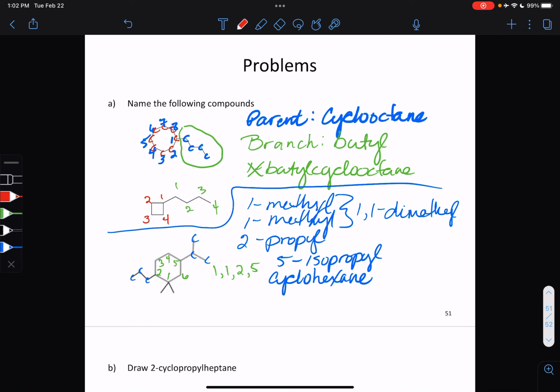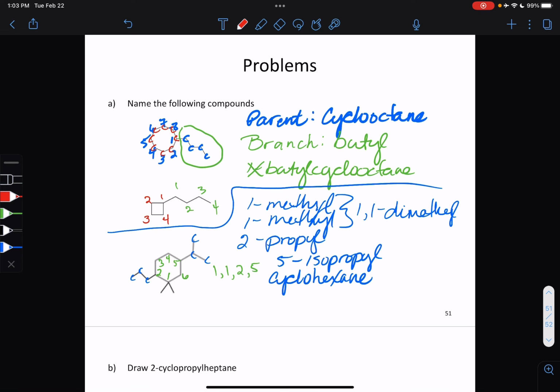And this is the part that really bothers students, because we want to go 1, 2, 5, which would make sense to us, but no, we have to order them how? Alphabetically.